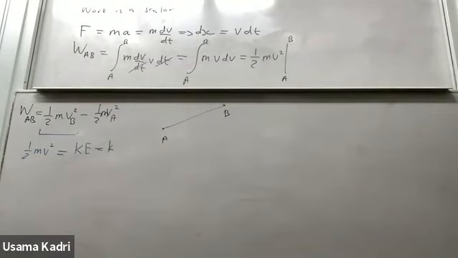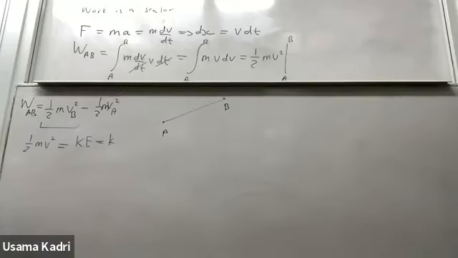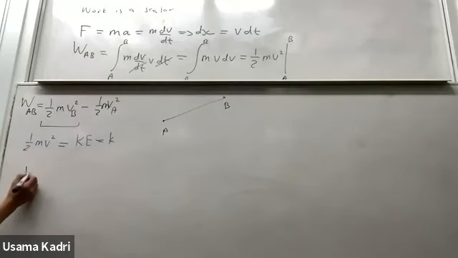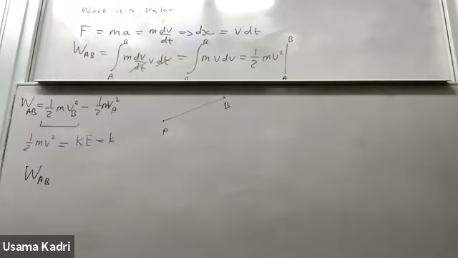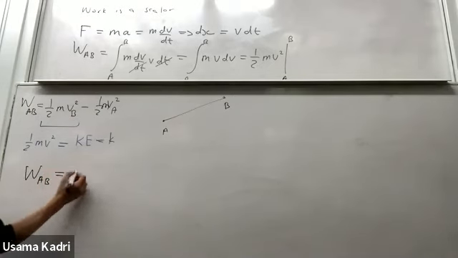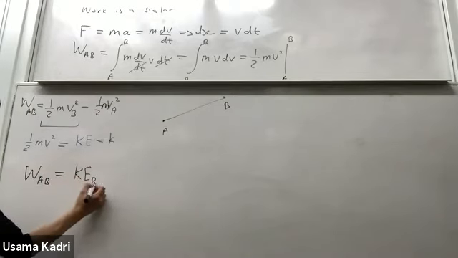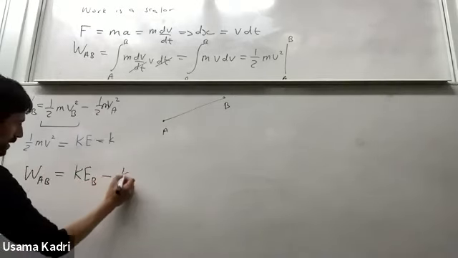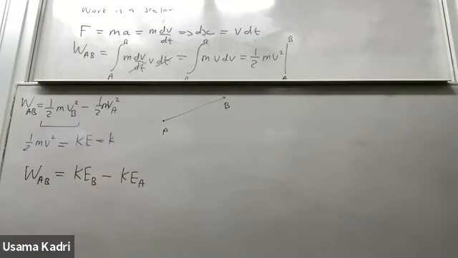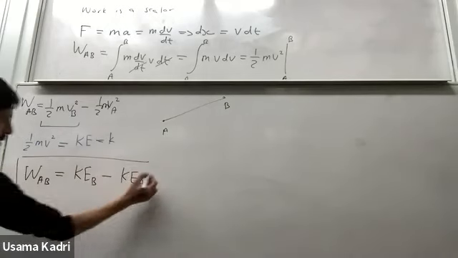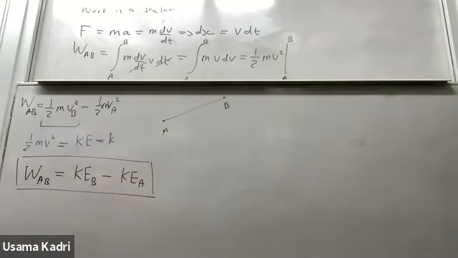So we can now summarize an important theorem, which is here: the work between 2 points A and B made by that object equals the kinetic energy at point B minus the kinetic energy at point A. And this is known as the work energy theorem.